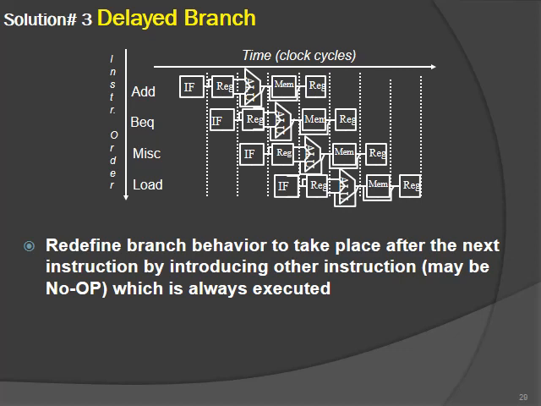A no operation instruction is always executed as an idle instruction. That is, there will be no operation during the NOP instruction. So that can also be used to overcome the issue.